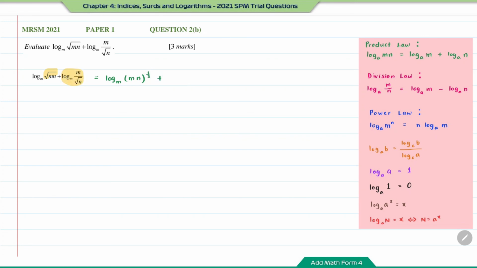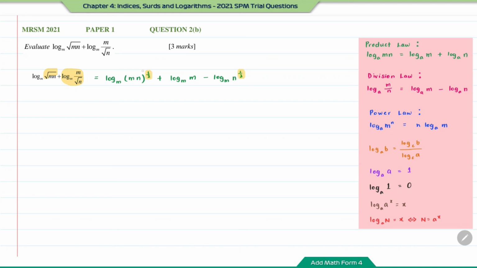And for the second term here, using the product law, I can write this as log base m of m minus log base m of square root of n. So the square root, I'm going to write as n to the power of 1 over 2.